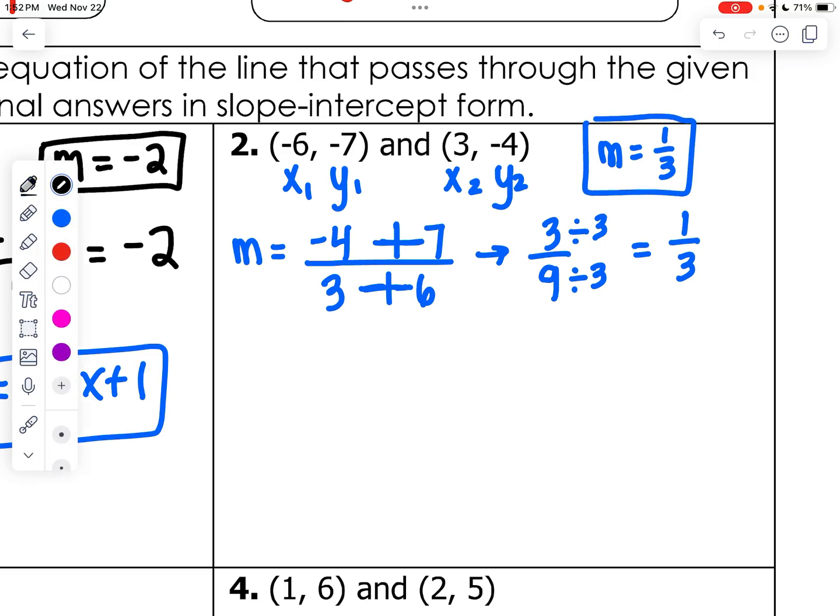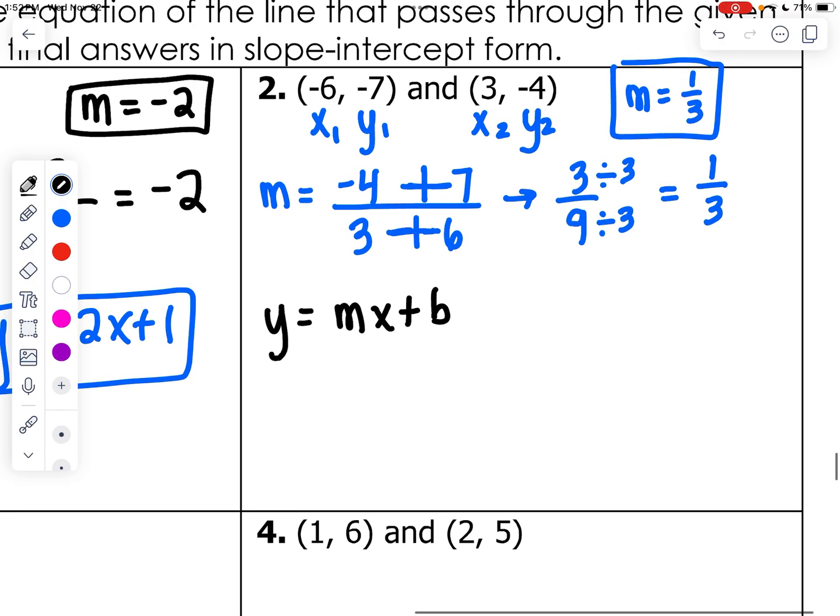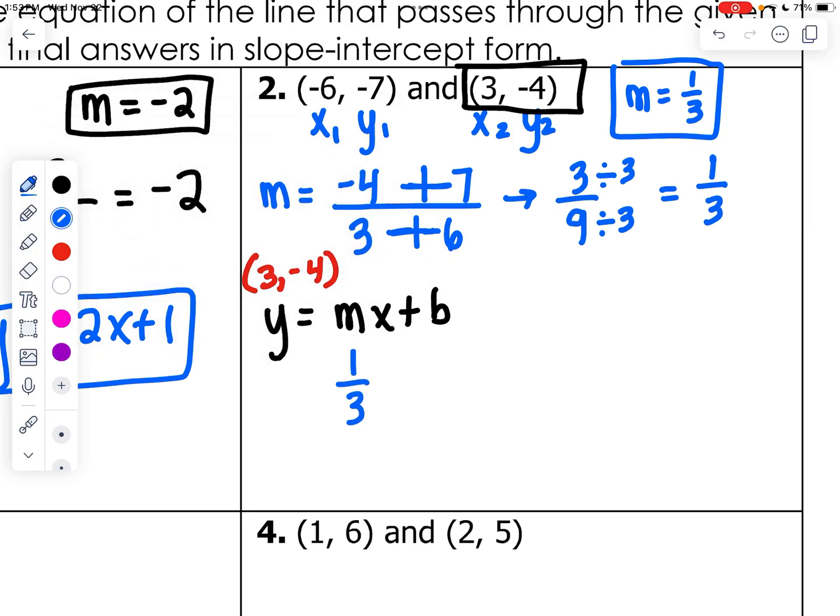Now I'm going to do the second step, which is use y equals mx plus b. Plug in my m and a point. This time I'll choose my second point. So I'm going to choose to plug in 3, -4. Now I know my m is 1/3 because that's what I just found. My y is -4 just because that's the point that I chose.